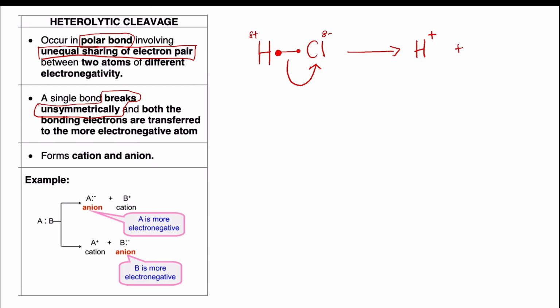And for your chlorine, since it gain one extra electron, so it makes the chlorine become chloride ion with one extra electron. Okay, so ini adalah cation ion, ini adalah anion. Tengok ni, dia cakap form cation ion, form anion.